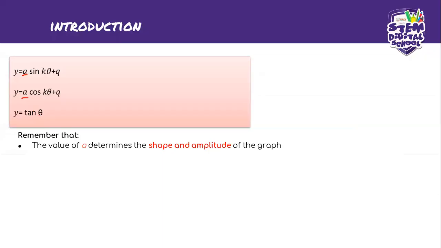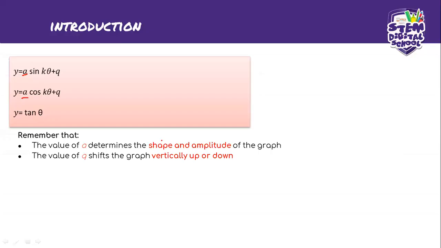And do you remember what the amplitude is? The amplitude is the height from the center line of the graph to the maximum or the minimum. But we are going to deal with amplitude at a later stage so that you can understand what the amplitude is.